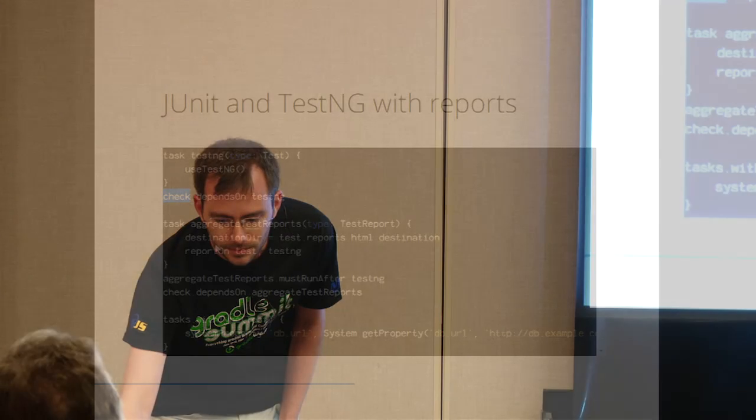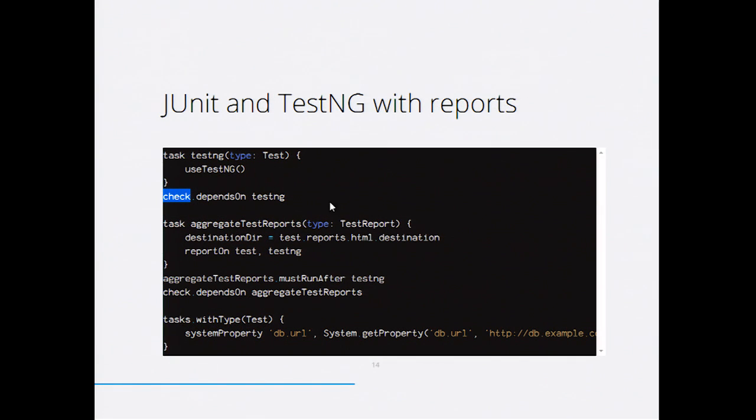To make your reports combined, here's another example. You declare such a task of type test report, tell it where you want your reports to be saved, and make a report on the default test task and your own testng task.